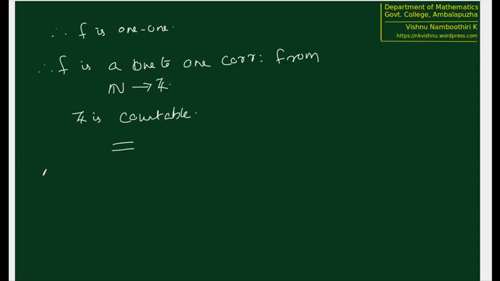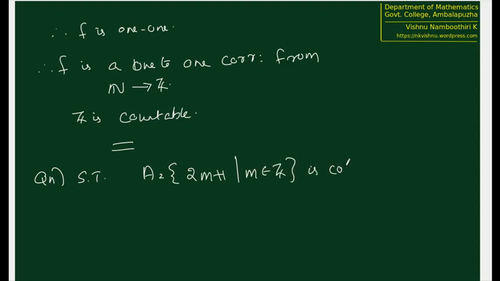Now there is a question: show that A equal to 2m plus 1, where m belongs to Z, is countable. This is an exercise for you.